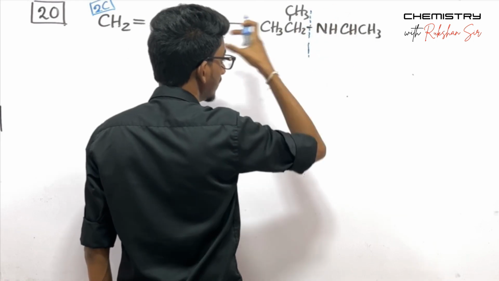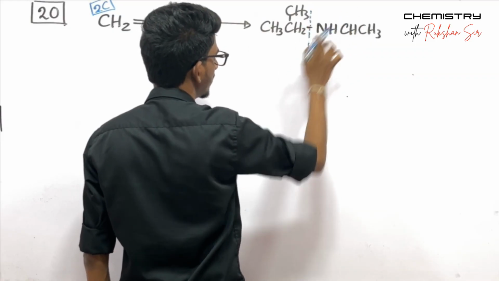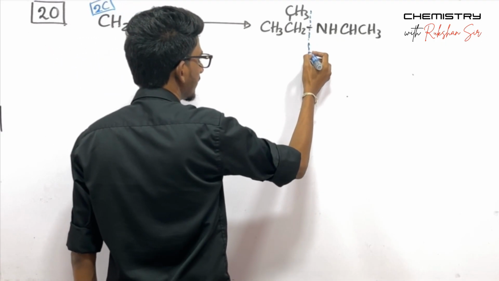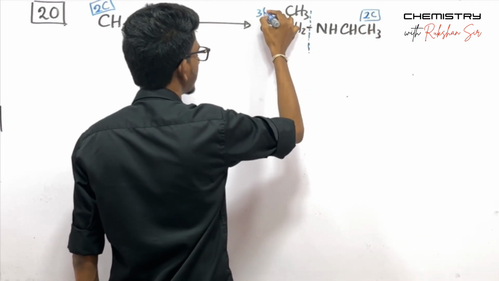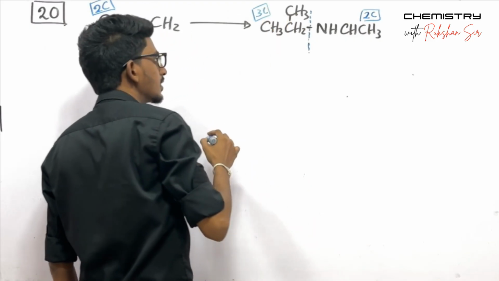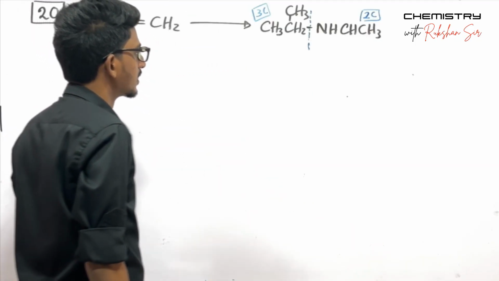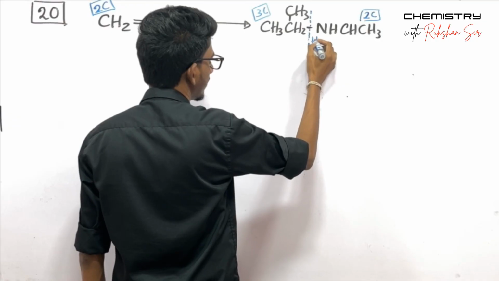So you can break from here or here. No worries. It's a 2-carbon part and a 3-carbon part. This is a CN single bond, an amine bond. So the breaking is like you should have a hydrogen here and a bromine here.